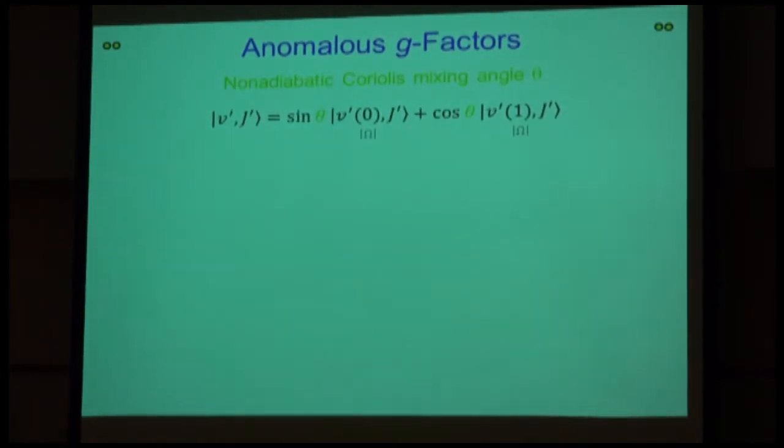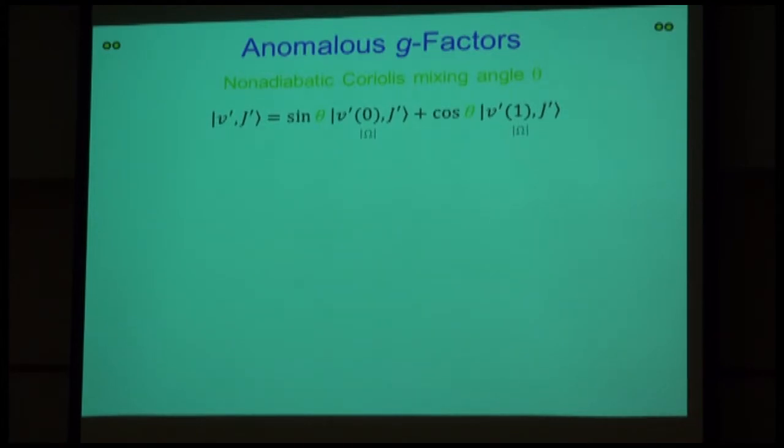Now we can think about the linear Zeeman shifts. What do they tell us? Or essentially, what can we learn from these molecular G factors that we measure? Again, we have those two potentials, one labeled with a 0, one labeled with a 1, that come together near the asymptote.